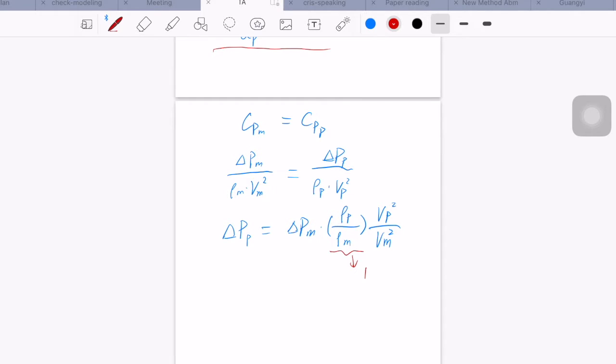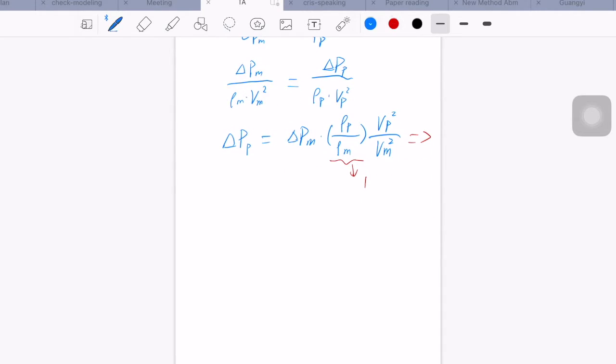So we get that ΔPP should be equal to ΔPM times VP squared over VM squared. And from equation 1, we know that VM over VP should be equal to LP over LM.